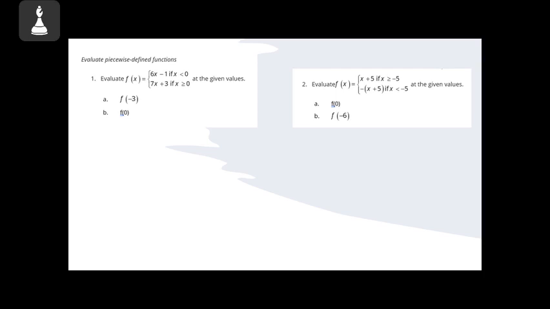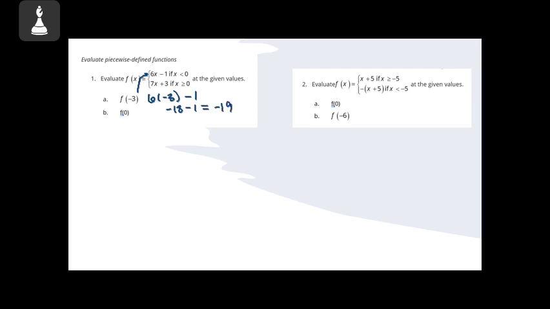If I want to find the value of f of negative 3, well, negative 3 is less than 0, so I'm going to use the first part of the function. 6 times negative 3 minus 1. 6 times negative 3 is negative 18, minus 1 is negative 19.